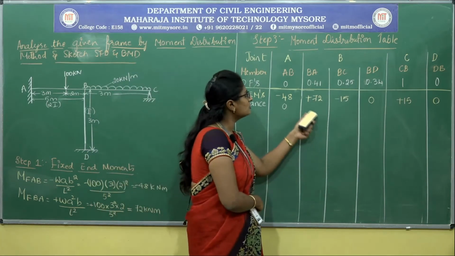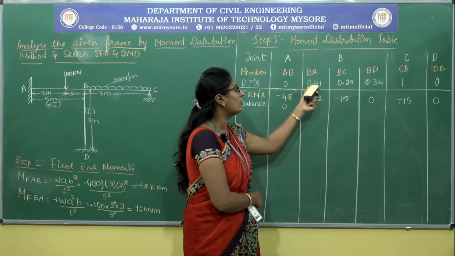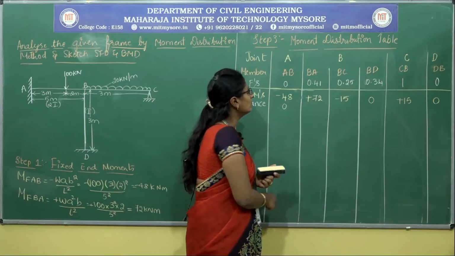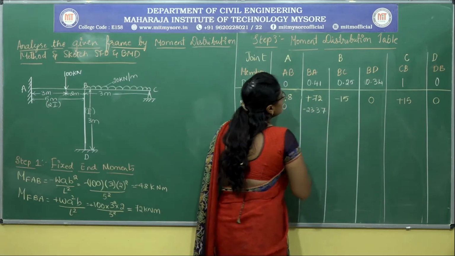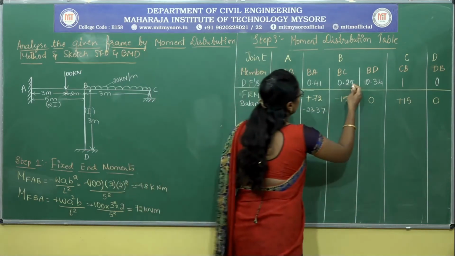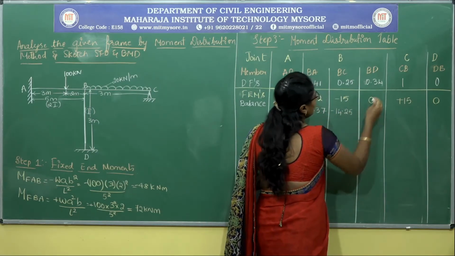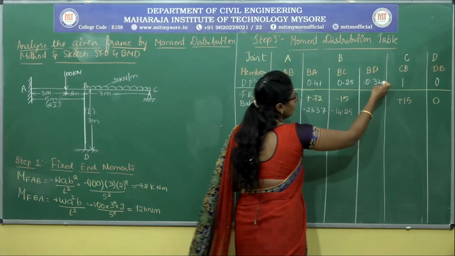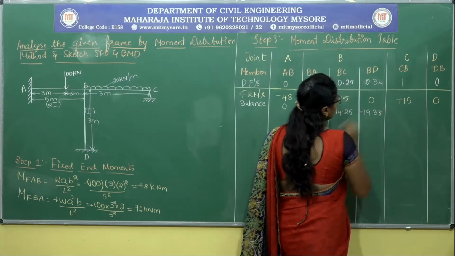In order to balance this, we need to consider minus 57. So minus 57 multiplied by 0.41 will give you minus 23.37. Similarly, minus 57 multiplied by 0.25 will give you minus 14.25, and minus 57 multiplied by 0.34 will give you minus 19.38.